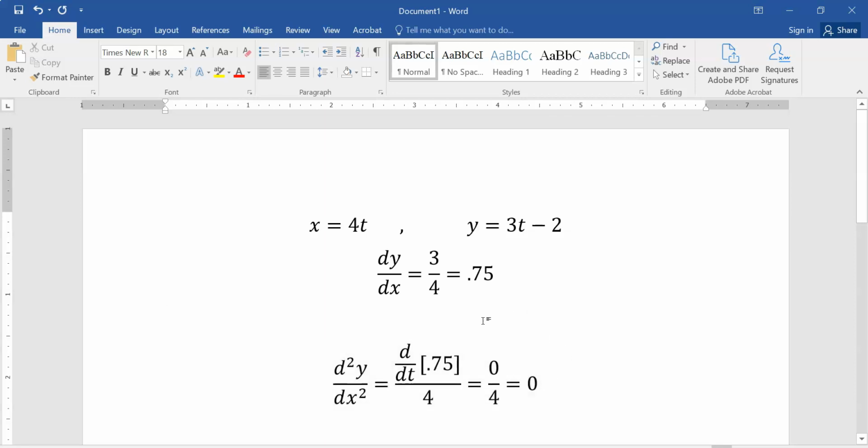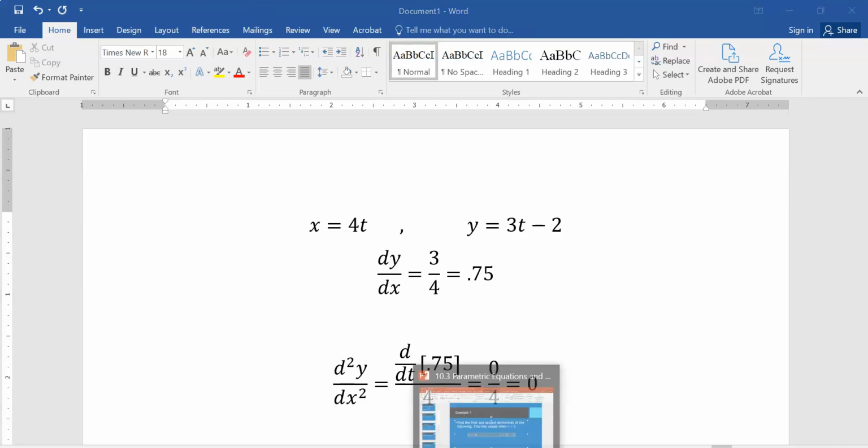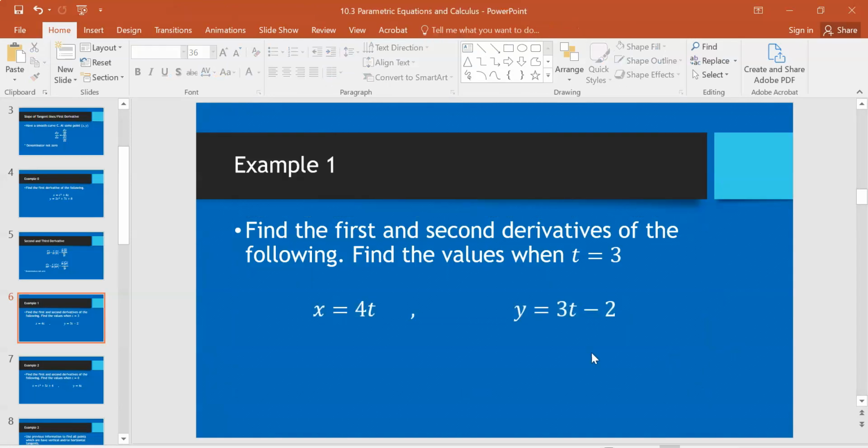And that should make sense because if you actually graph this, you would end up with a line with slope 3/4. Okay, so the first derivative, when you plug in t equals 3, gives you 0.75. The second derivative, when you plug in t equals 3, gives you 0 as well. All right, in fact, that works for any numbers we choose.